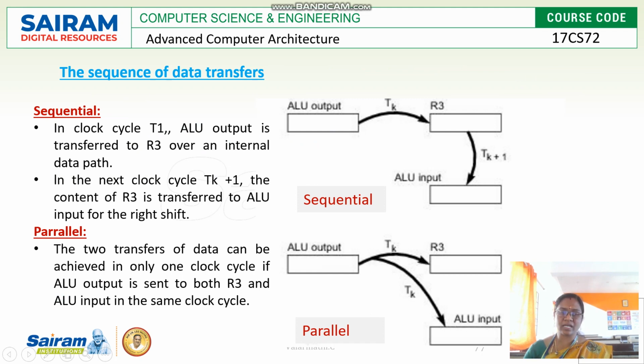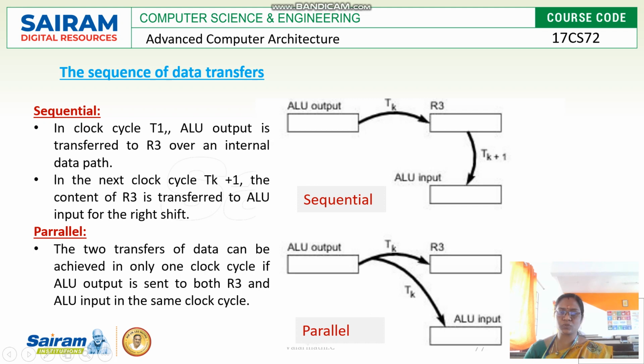The transfer can be done in two ways: sequentially or in parallel. In the sequential way, the first operation is done in the first clock cycle Tk: the ALU output is transferred to R3. In the second clock cycle, Tk plus 1, the value from R3 is moved to the ALU input.